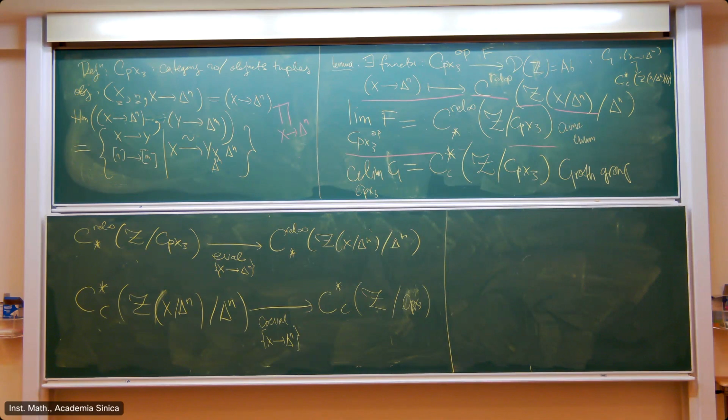Is this clear enough? Do you have any sense of why it's called a Grothendieck group? So I think so.